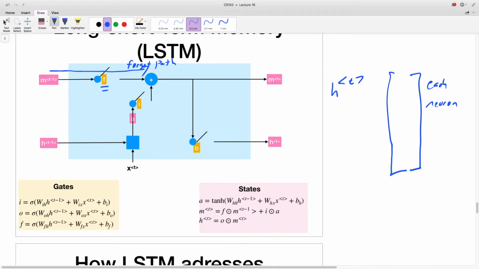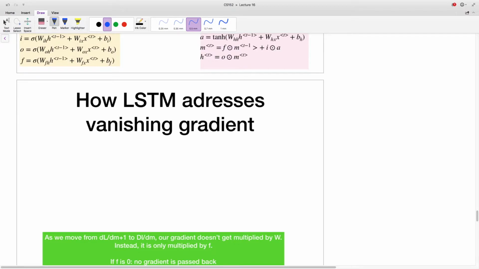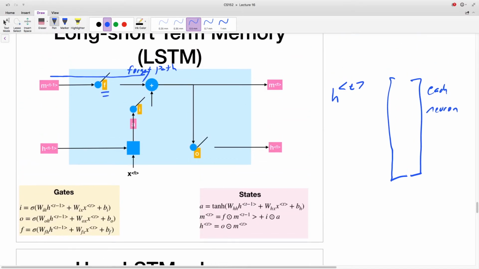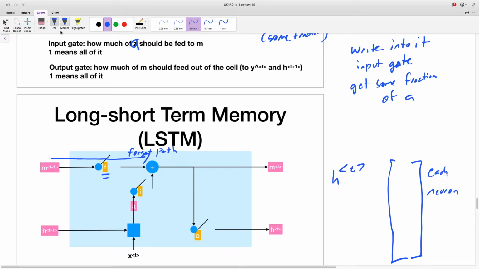How does this fix vanishing gradients? Our whole thought is we want to be able to pass back gradient information from a time step in the future to a time step in the past. Let me show you. I'm going to go back up here and erase this.